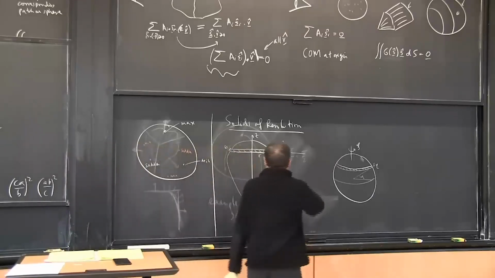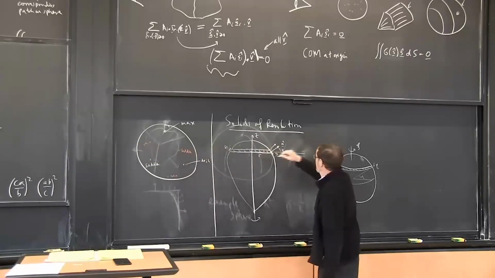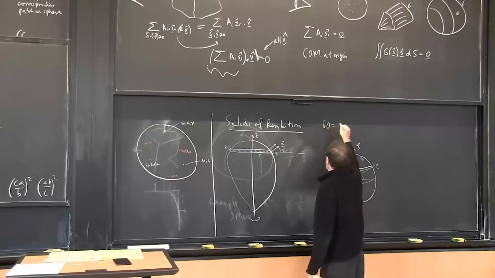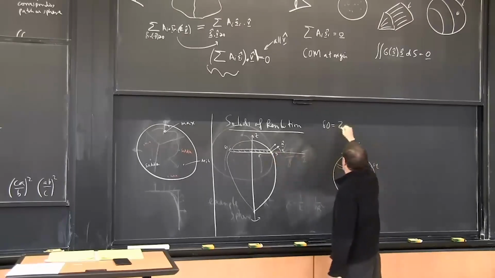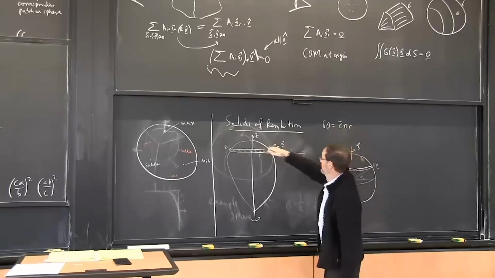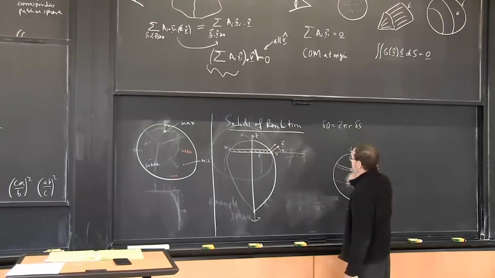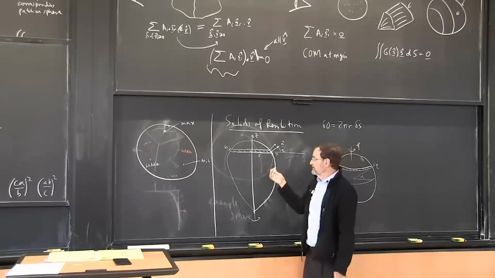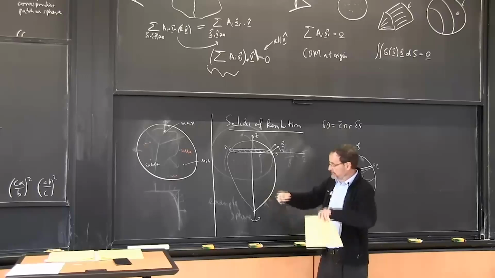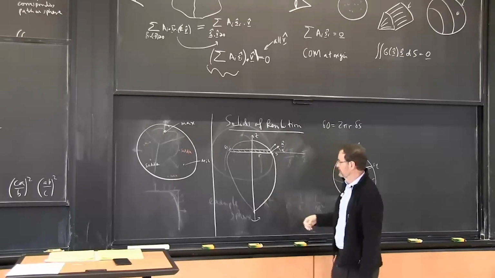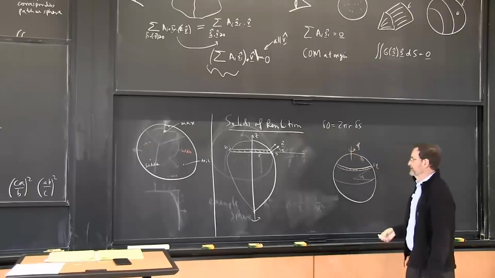Okay, so we need the area of this band. The area of the object band is 2 pi times r times the width of the band, delta S. It may not be obvious, but we could take this band, cut it and lay it out in the plane and measure it, and this is what you'd get.